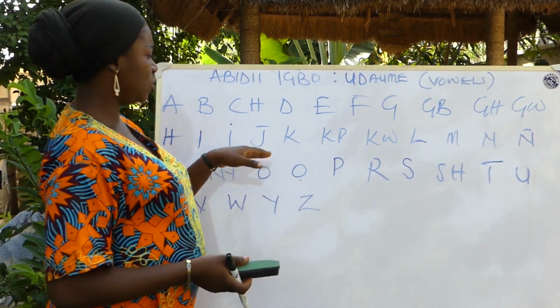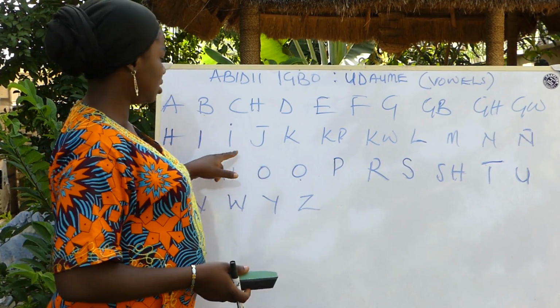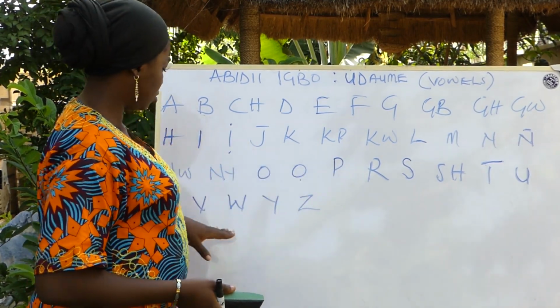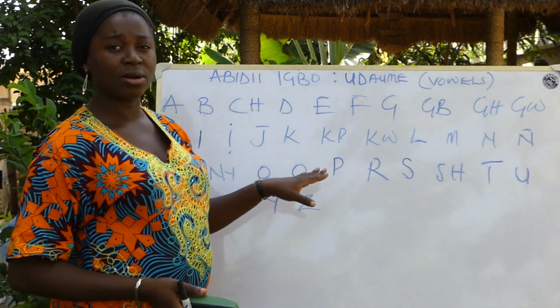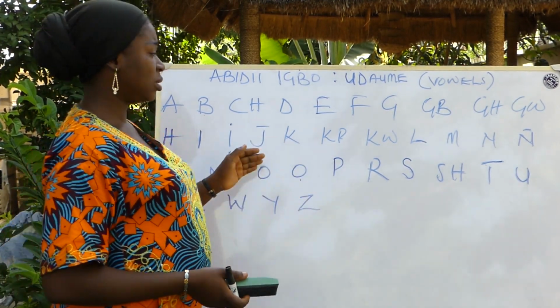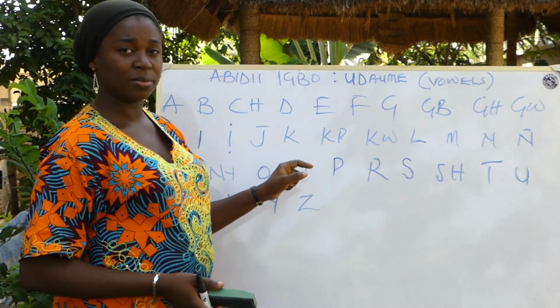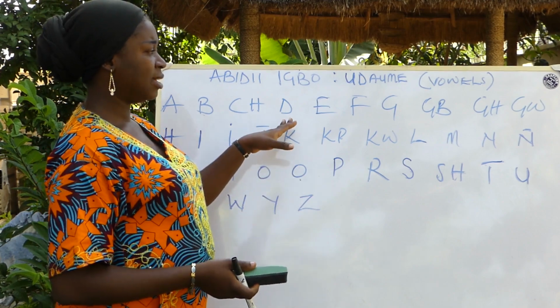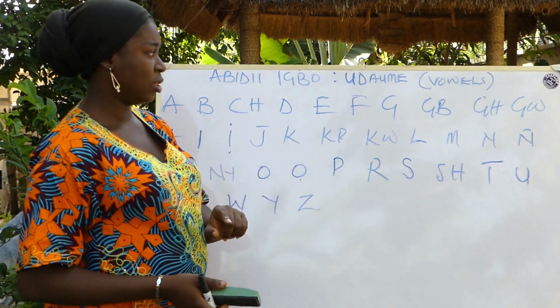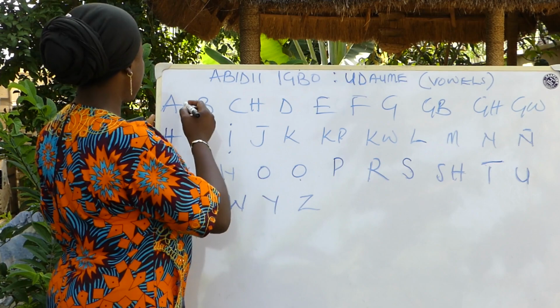Udaaro are the ones with dots under. You can see the ones that has dots under them. They are called udaaro. And udamfe is the ones that did not have dots under them. So we are going to identify the vowels. They are 8 in numbers. And these are the vowels.